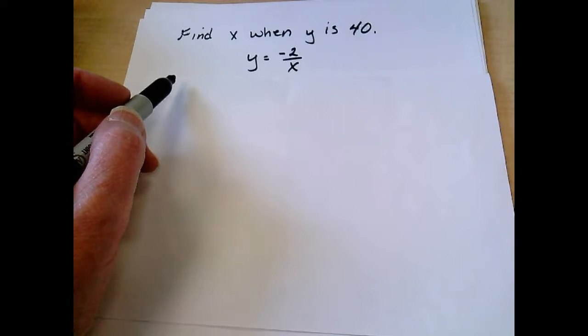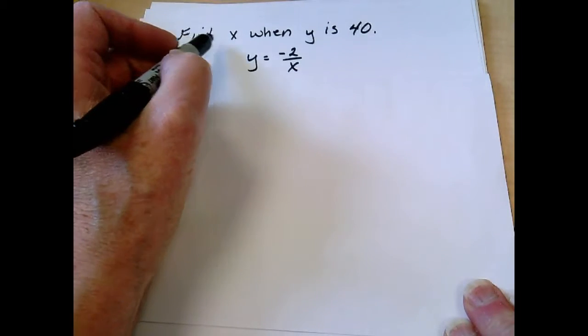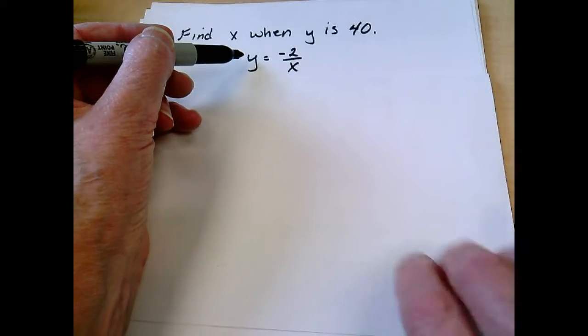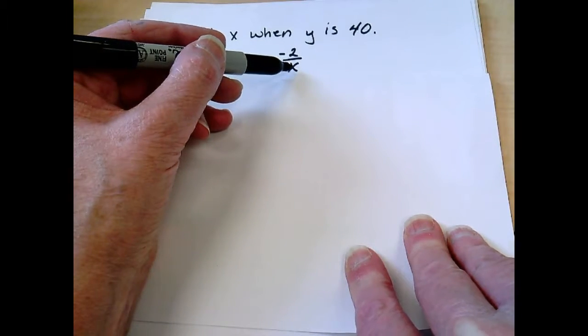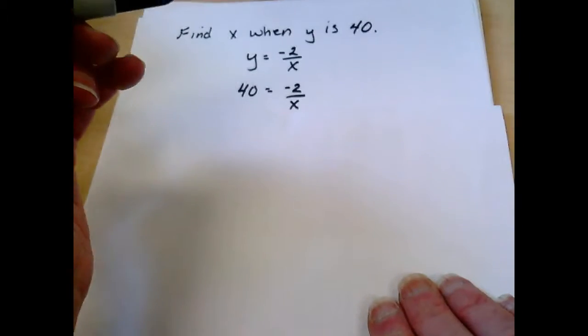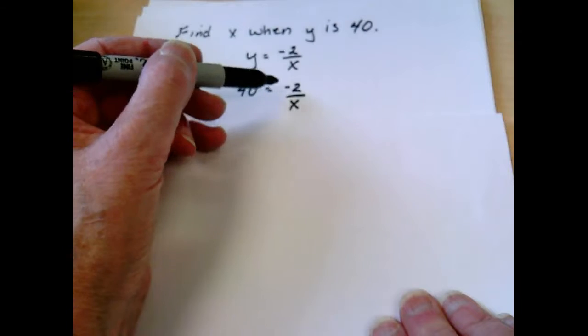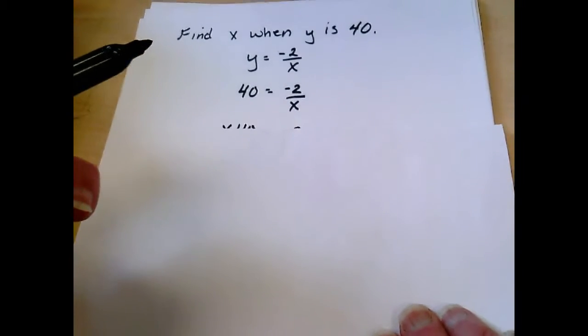The book doesn't ask this part, but I'm going to ask on the test to find x when y is 40. So you take your equation y equals -2 divided by x and replace y with 40. So 40 equals -2 divided by x, and now we solve for x.